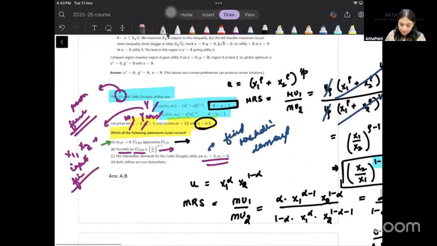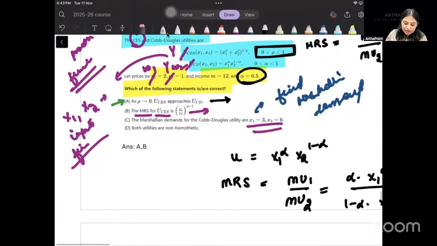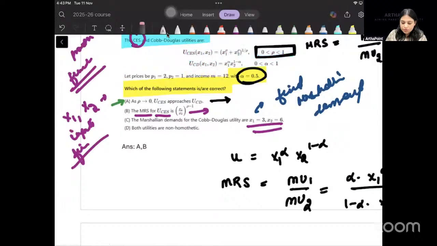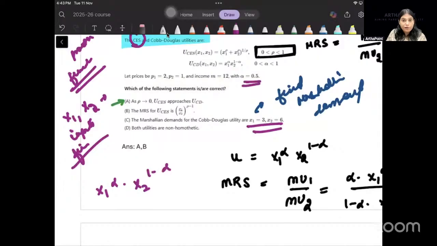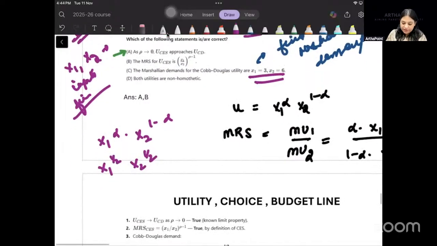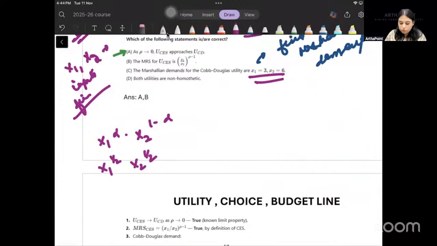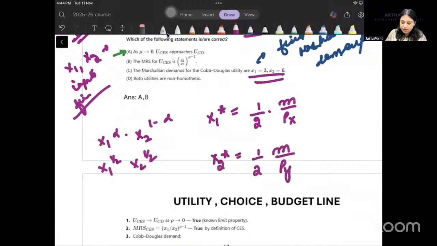So let's see. We have to find the Marshallian demand. So we get x1 to the power alpha, x2 to the power 1 minus alpha, and both are half. So I get x1 to the power half, x2 to the power half. So directly I will apply the formula. X1 star will be half m by px, and x2 star will be half m by py.